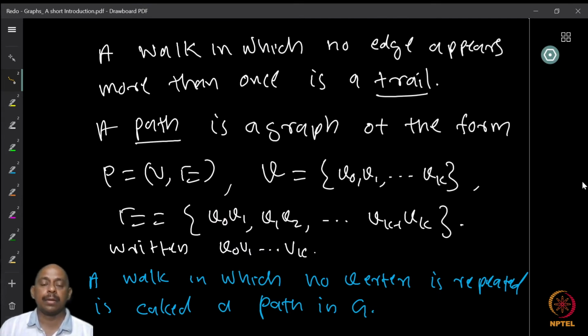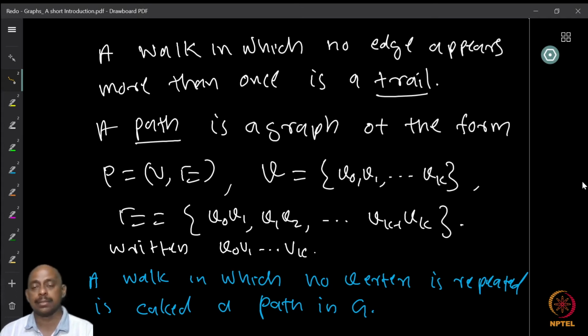Now, if I don't allow repetition of any vertex also, then a walk is called a path. So a path is a graph of the form P equal to V comma E, where V is the set V0, V1 to Vk, and E is the set of edges V0V1, V1V2, V2V3, etc., Vk minus 1 Vk.